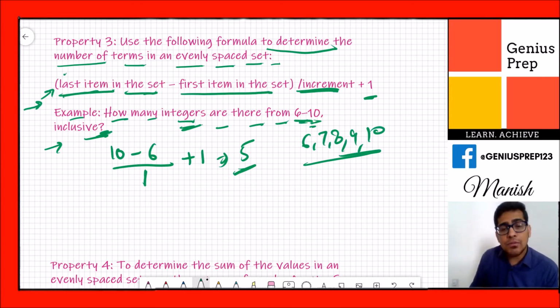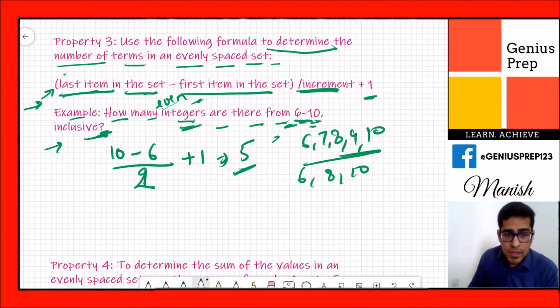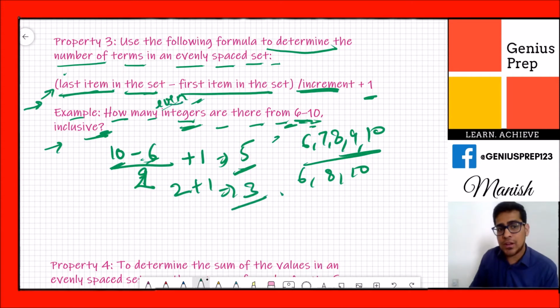Sometimes they will ask you a different kind of example in which they say, how many even integers are there? In that question, the increment will become 2, because the even numbers will be 6, 8 and 10. So what will be the answer? 10 minus 6 is 4, divided by 2 is 2, plus 1, that means 3 is the answer when we have even integers.